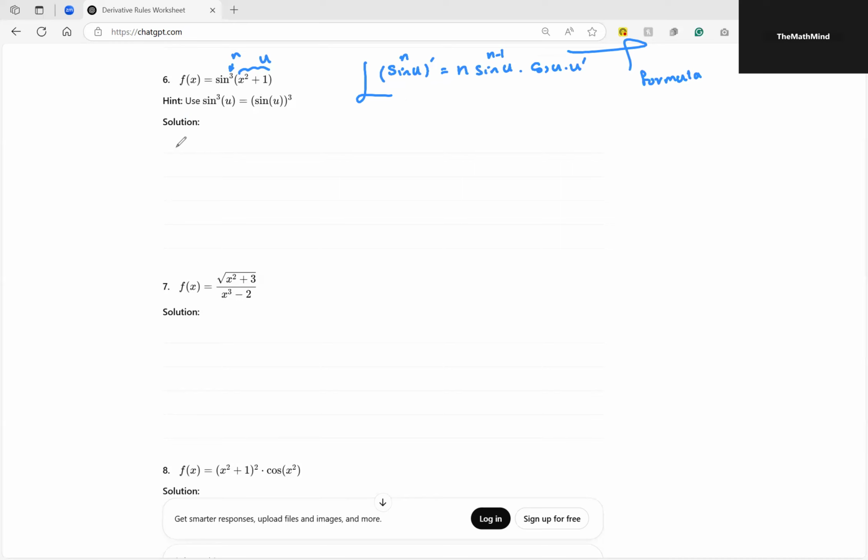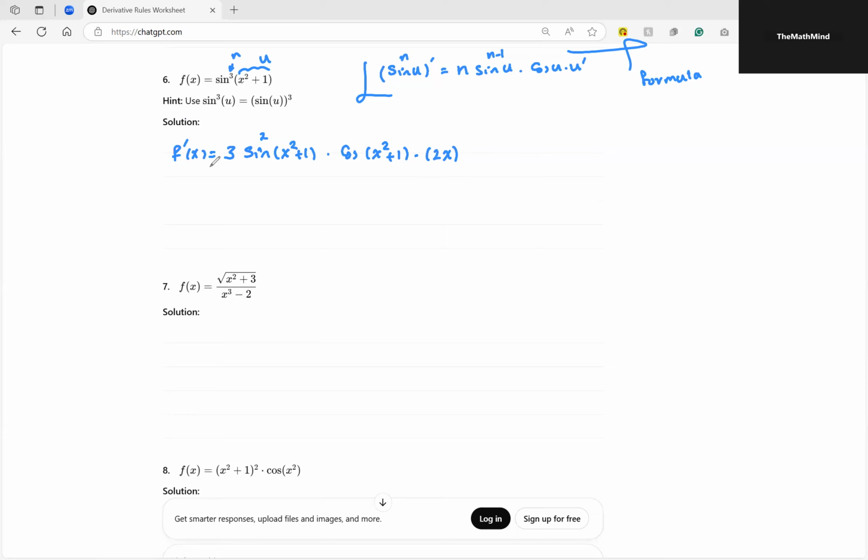And we're using the formula, f prime will be n, which is 3 here, sine to the power of n minus 1, so sine squared u, multiplied by the derivative of the base, which is cosine u, and then it is multiplied by u prime, which will be 2x.